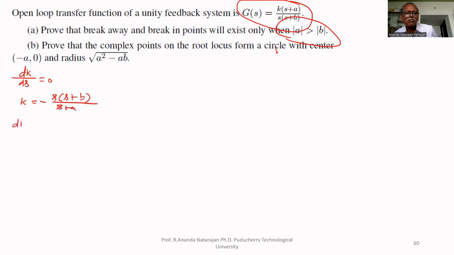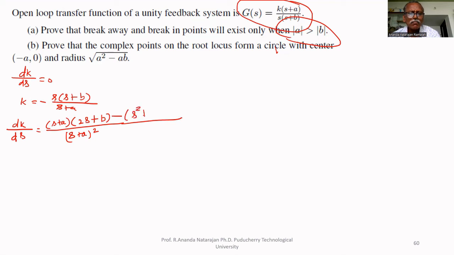Therefore, dK by dS equals S plus A whole square, S plus A multiplied by 2S plus B minus S square plus BS. The derivative of S plus A is 1.